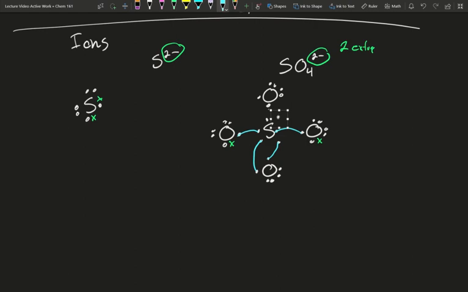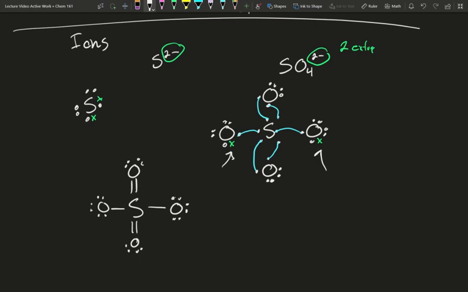It can break up its lone pair, and then the oxygen can bond to the now unpaired electrons. What you end up with is a sulfur with a double bond up, a double bond down, a single bond left and right. But those oxygens left and right, because they had the extra electron, end up with 3 lone pairs, while the top and bottom oxygens only had 2 lone pairs.